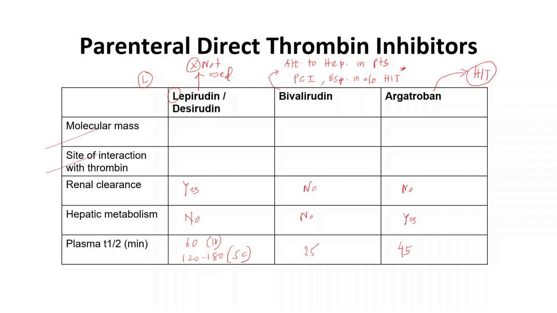So one thing you can remember, whichever drug has this kind of half-life, that is in minutes, that means we have to give all these drugs as continuous IV infusion for any kind of effect. Okay, so these drugs are given as continuous IV infusion. So argatroban has to be given as continuous IV infusion.